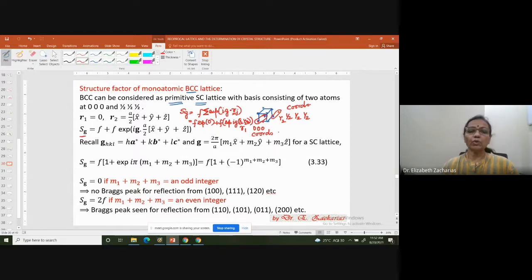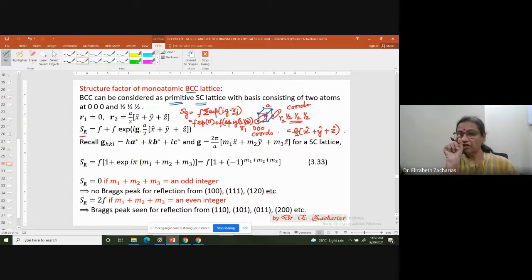Now, how do I write this half, half, half? Half, half, half can be vectorially written as, if the cell size is A, A by 2 into X cap plus Y cap plus Z cap. I'm writing A by 2 because A is the size of the cell.